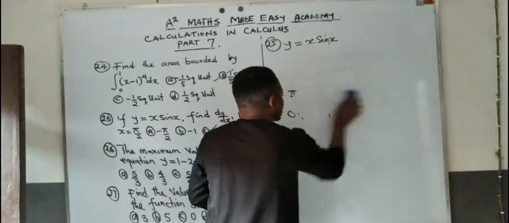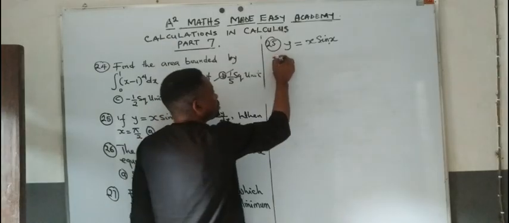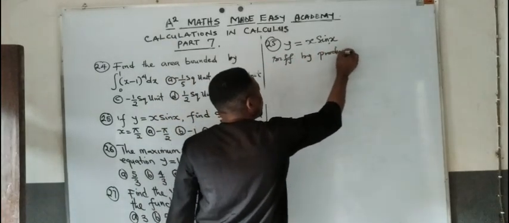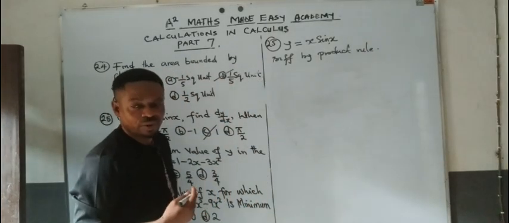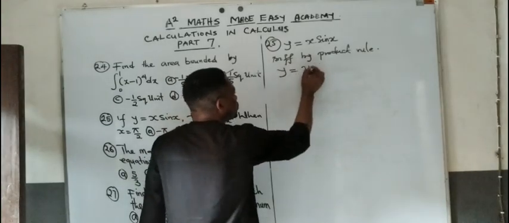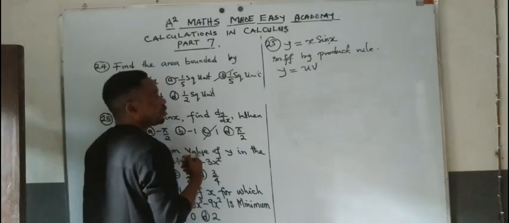Now let's watch. Already, we know that this thing is differentiation by product rule. So we apply what we call differentiation by product rule. I'm doing this for those that are writing theory. Now, what is the formula? If you are given y to be equal to uv, my target is to differentiate everything with respect to x.